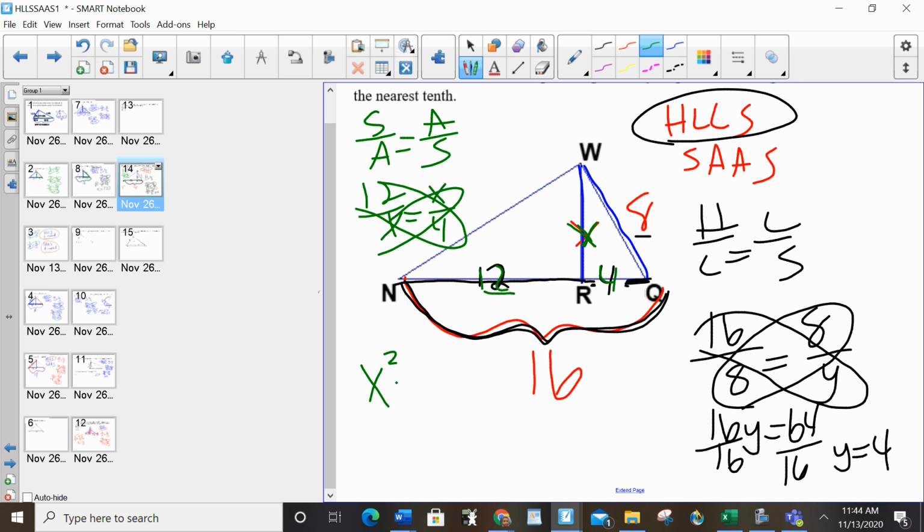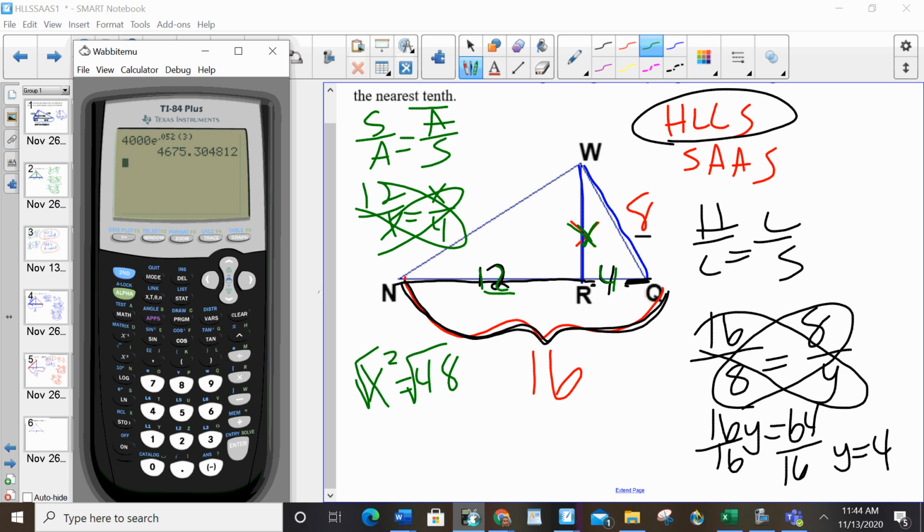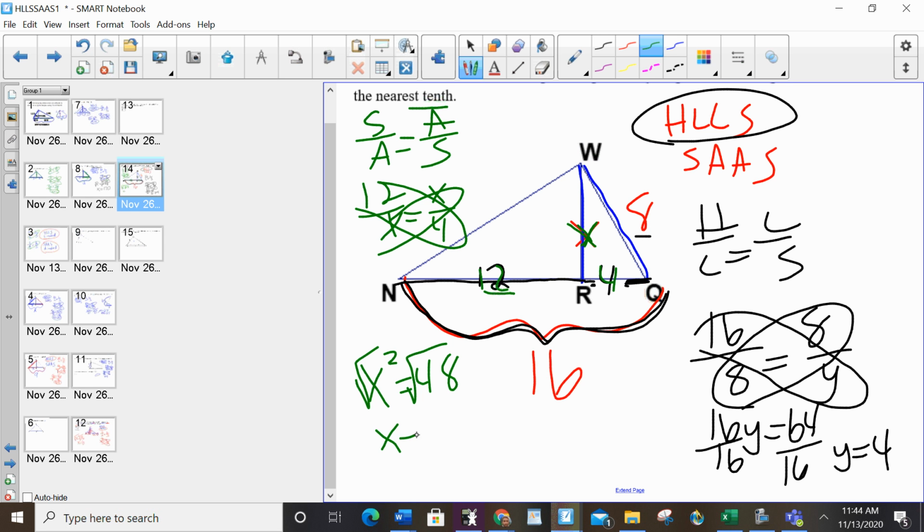X squared equals 48. Square root. It wants the answer to the nearest tenth. So I can go to my calculator and I can type in the square root of 48. Second radical, 48. And to the nearest tenth, I get 6.9. And that's your answer.